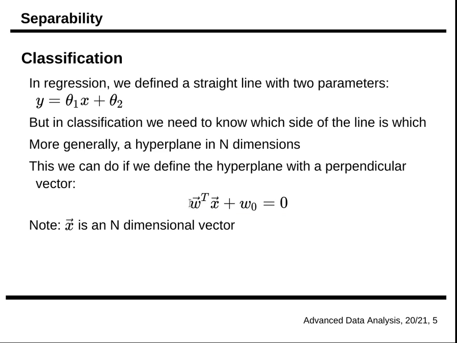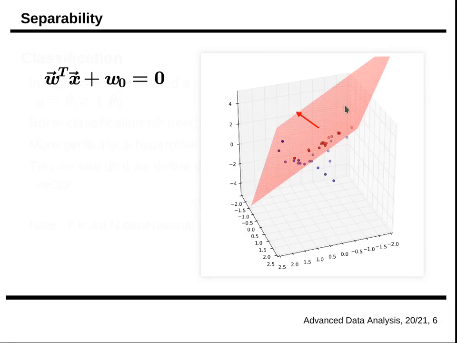If we consider this in some arbitrary number of dimensions, this x vector would be the coordinates of a point, and this is the vector w that defines the direction where the positive region lies. If the x point is on the same side, the inner product between the two will be positive, and so we have the positive side of the plane.